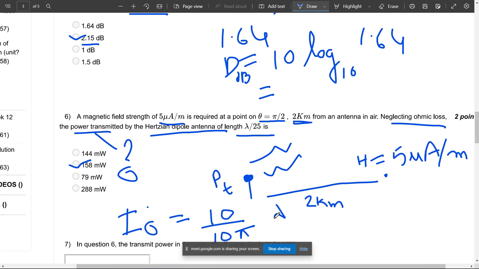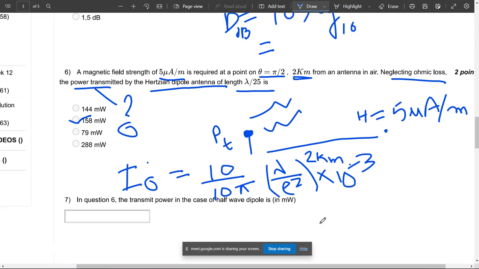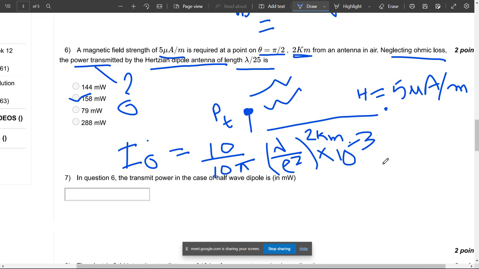First we find I naught. How are you going to find out I naught? Where are you getting this value from? Ma'am, rho means density. Oh, okay, ma'am.